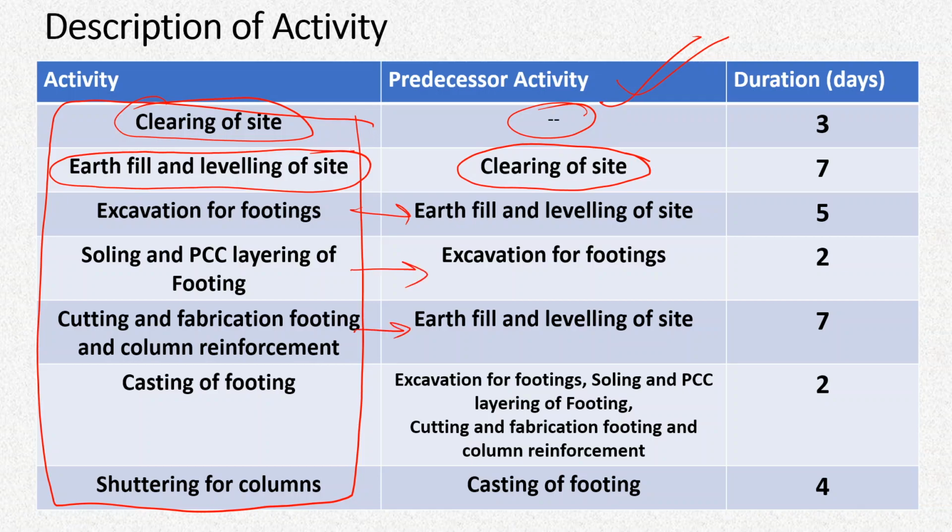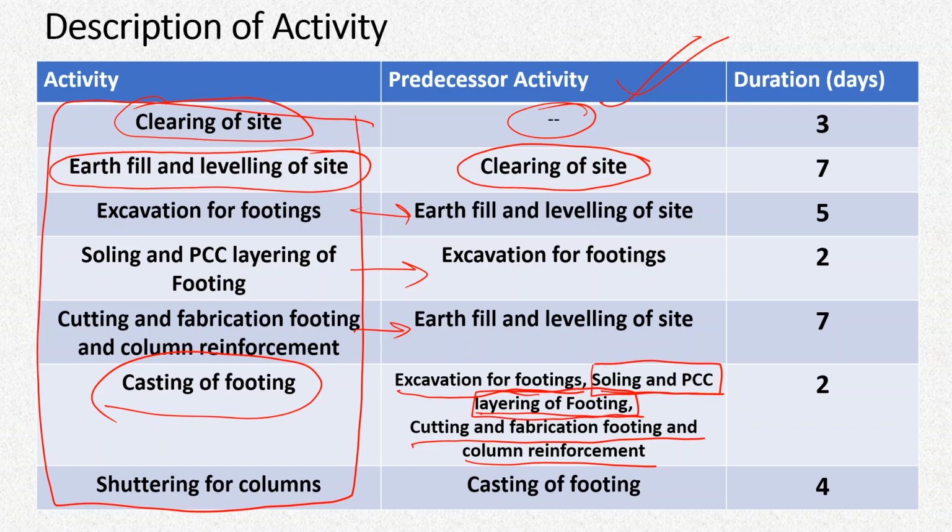Here is a particular example, that is casting of footing. The casting of footing will depend on excavation for the footings, then soling and PCC layering at the bottom of those pits that we have dug, and cutting and fabrication of footing and column reinforcement. When all these three activities are completed, then only we can go for casting of footings. But here one thing is actually unnecessary. Soling and PCC work is mandatory for casting of footing, but it can be done only when excavation for footing is already done, which is already shown in this activity.